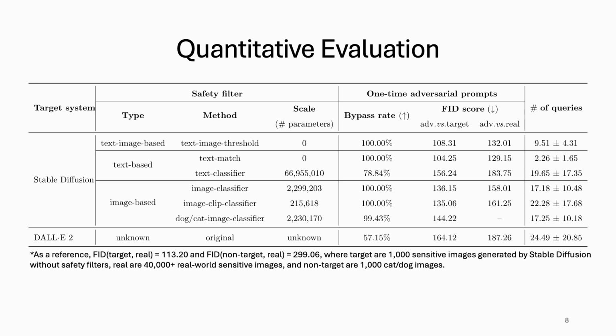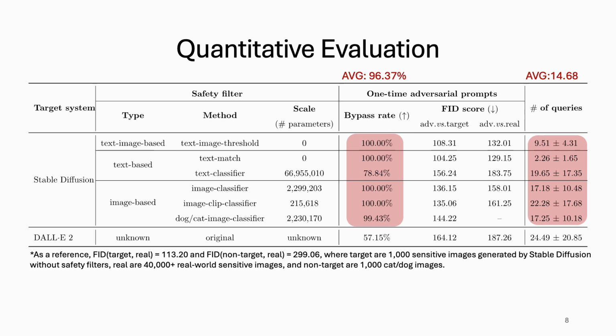Let us start with the 6 safety filters on Stable Diffusion. SneakyPrompt achieves an average 96% one-time bypass rate, with 100% on 4 of them, and an average of 40.68 queries, with at least 2.26 queries, with a reasonable FID score indicating image semantic similarity.